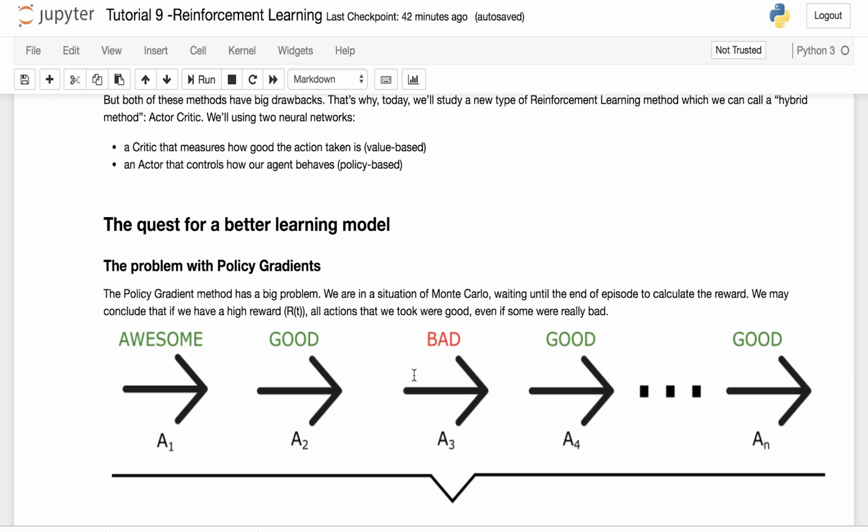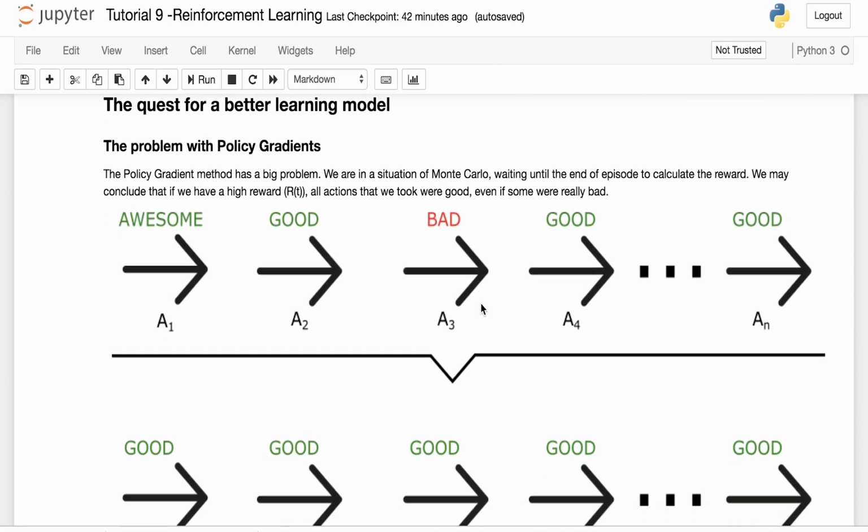As you can see here, action number one was awesome and good, and then action number three was bad. So this is one of the biggest problems.